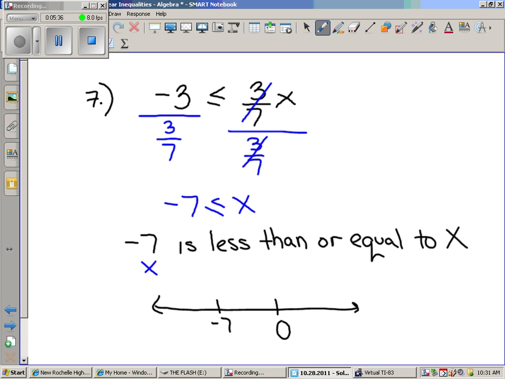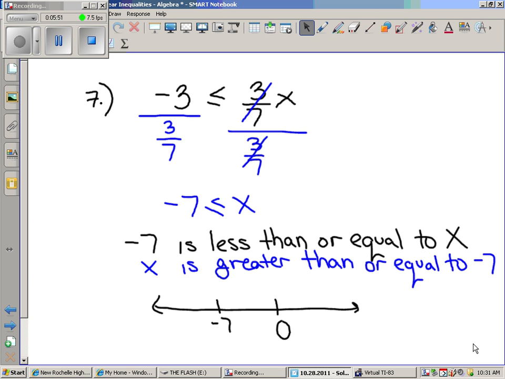X is greater than or equal to negative 7. You see, they both mean the same thing. So which one is easier for you guys to understand? Either way. So give me a number that's greater than or equal to negative 7.